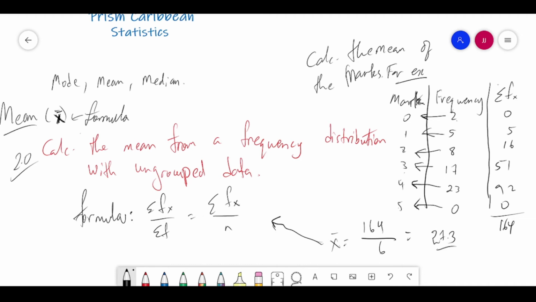That's the mean, right? So that's it pretty much with that. I will be going over a past paper question with this, so no need to worry at this point in time. It's just basically to grasp the general concept.